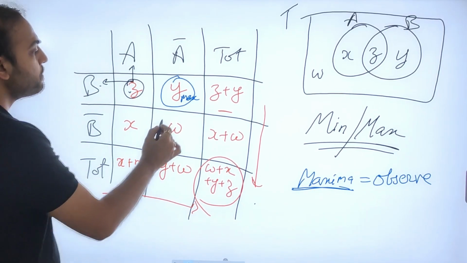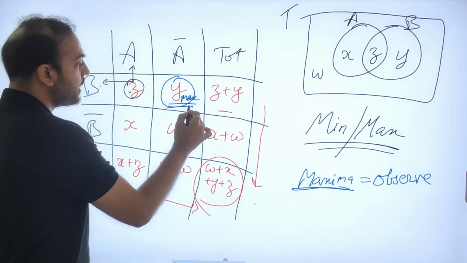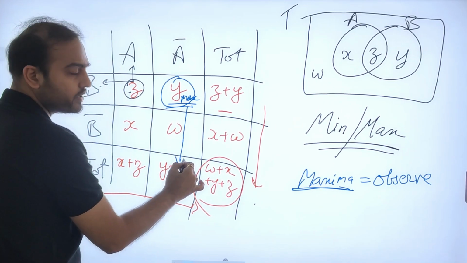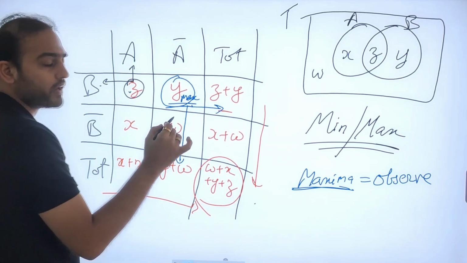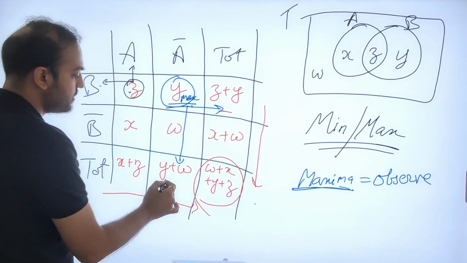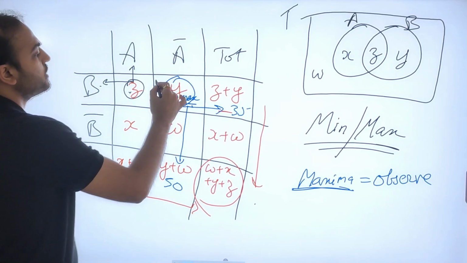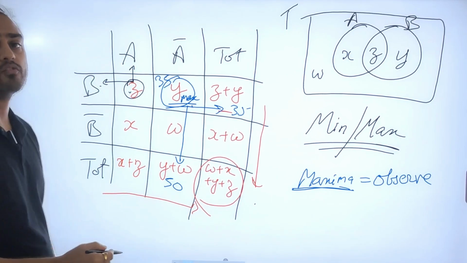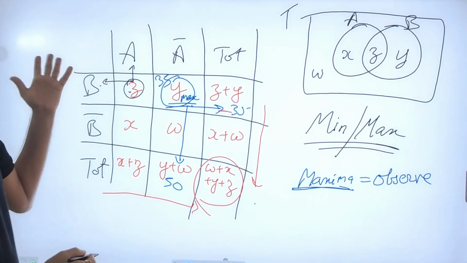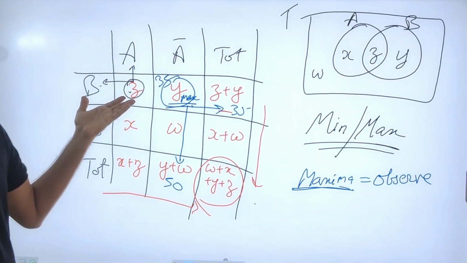So I will look at the total values here. Say this is 50, say this is 35. So I know the maximum value can be 35 only, because post 35 there is no value of B.